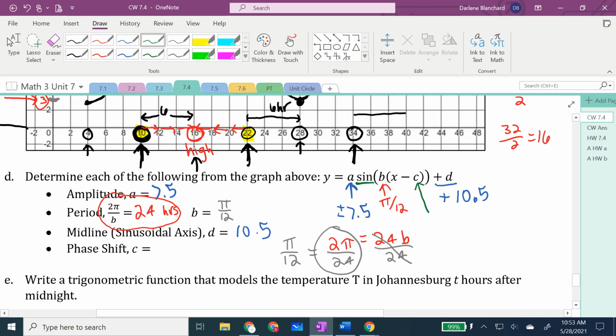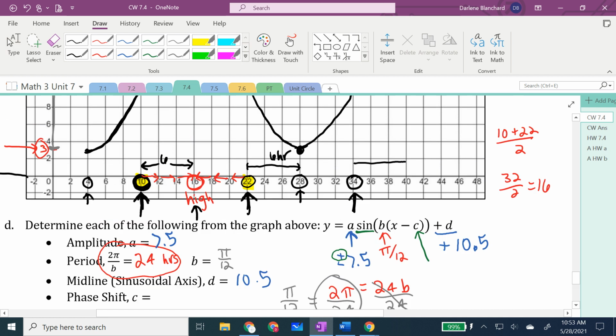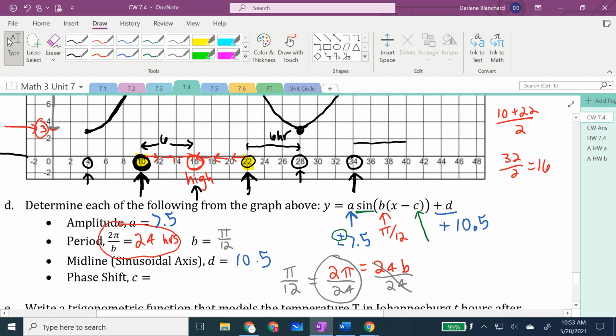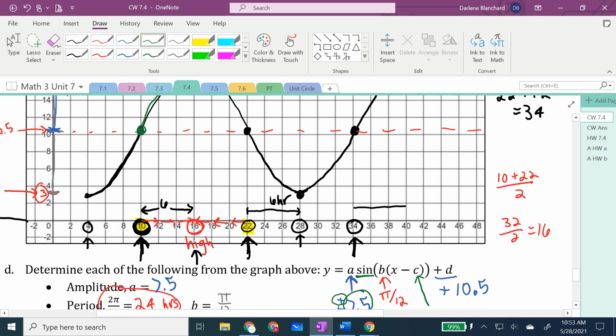And then I can choose that if I would prefer to use a positive amplitude for my A, then I want to look at when I'm at a midline on the way up. Here is a point where I am at the midline and I'm on the way up. I can use positive 7.5 for my A. If I do a shift of 10 units to the right.